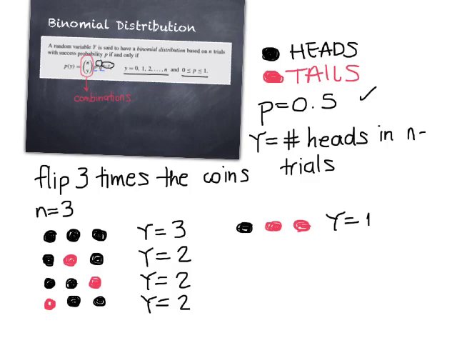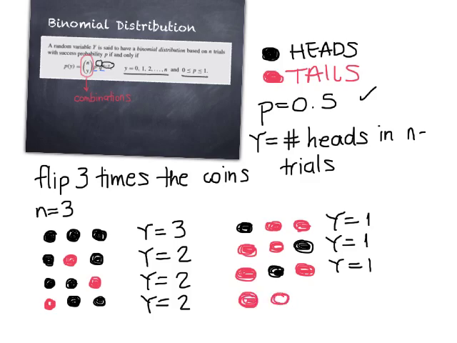But also, you could have head, tails, head, y equals 1. Or you could have tails, head, tails, and this would be y equals 1. For y equals 0, you just have one option, getting tails, tails, tails. And this would be y equals 0.